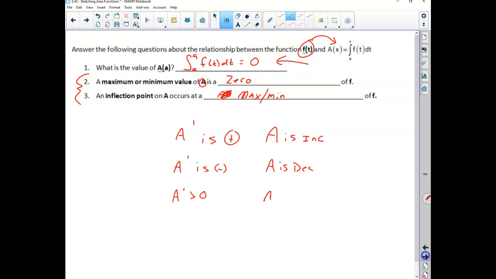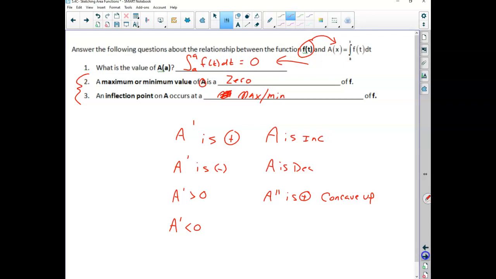We know A double prime is positive, or greater than 0, and if it's positive, it's concave up. And if A prime is decreasing, meaning the derivative of A prime is less than 0, then we are concave down because A double prime would be negative, right?